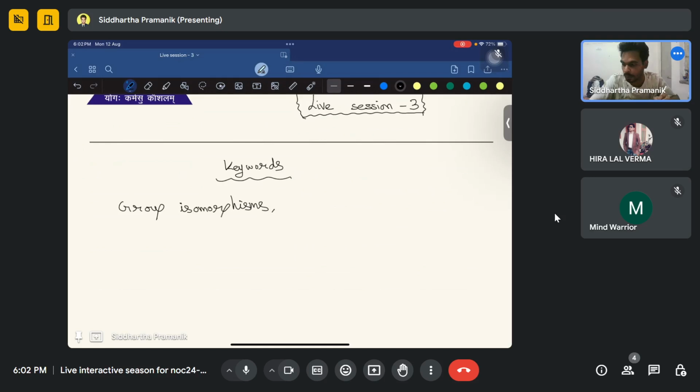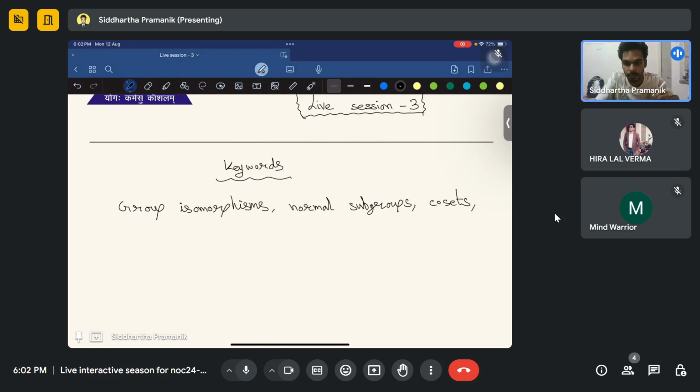After that, we saw a special kind of subgroup, namely normal subgroups. Then we saw cosets.